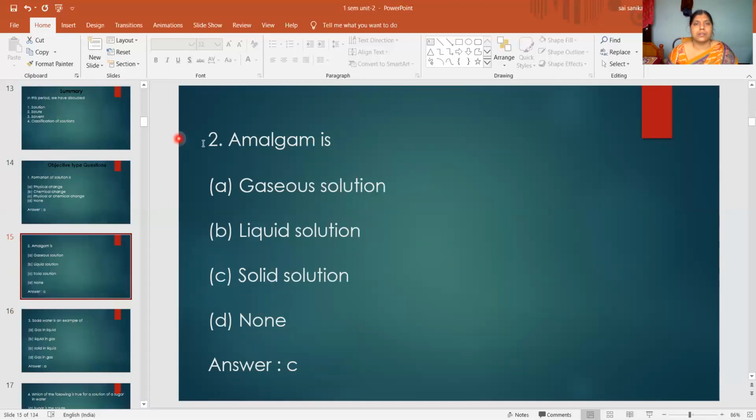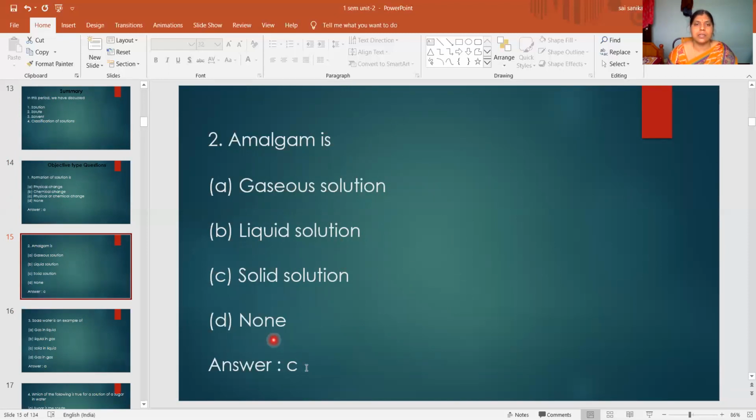Then second question, amalgam is A, gaseous solution; B, liquid solution; C, solid solution; D, none. Just now we studied types of solutions: gaseous solution, where gas is solvent; liquid solution, where liquid is solvent; solid solution, where solid is solvent.